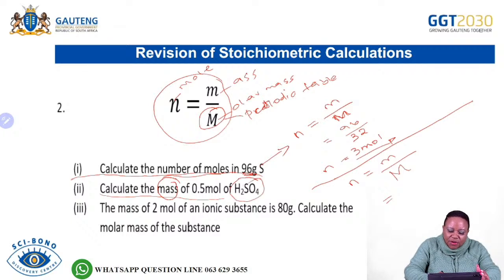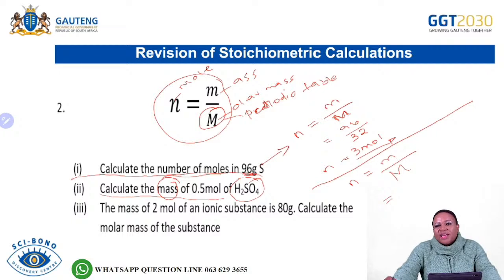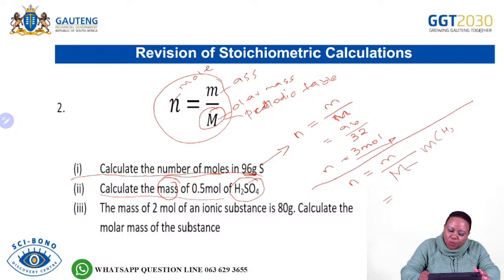Now, we are given sulfuric acid. For us to calculate the molar mass of sulfuric acid, we definitely have to refer to the periodic table. What is the molar mass of sulfuric acid? We are going to find the M of H2SO4. Each hydrogen has 1 as its atomic mass, so 1 times 2, plus sulfur, which we have already found as 32, plus oxygen, which is 16 times 4, because it's O4.